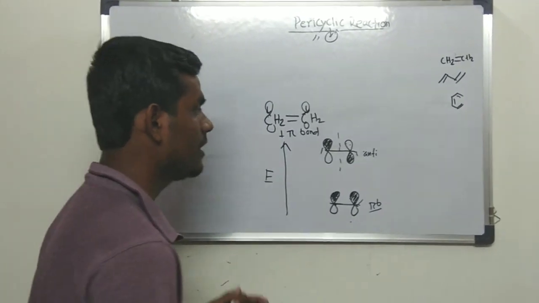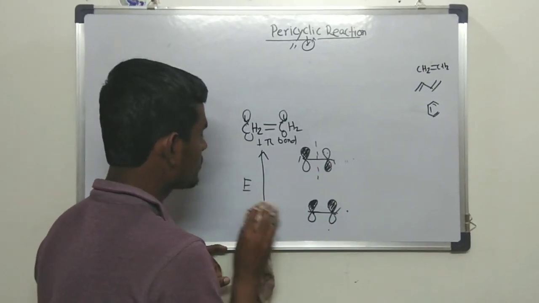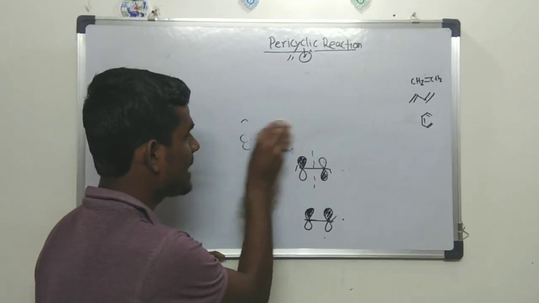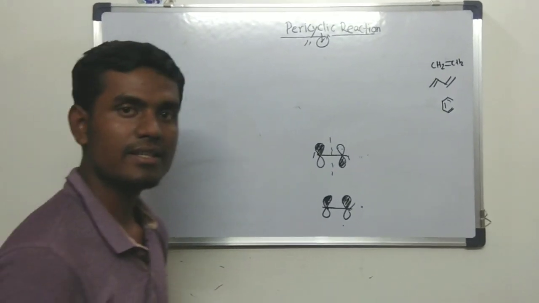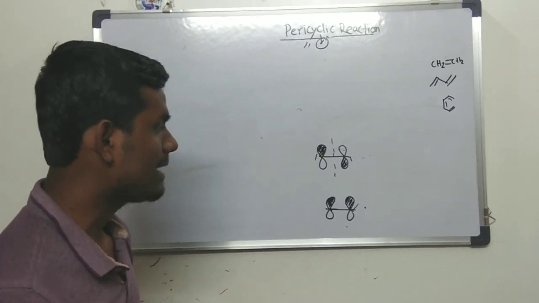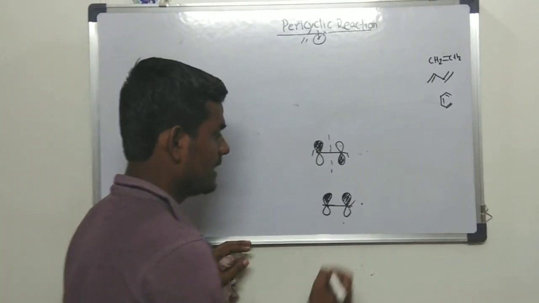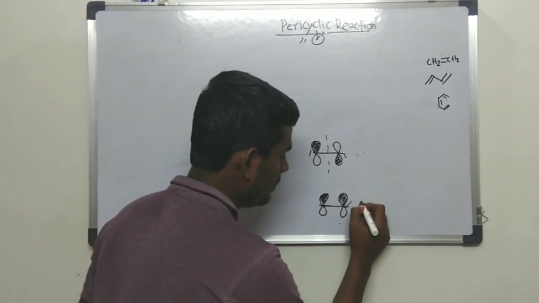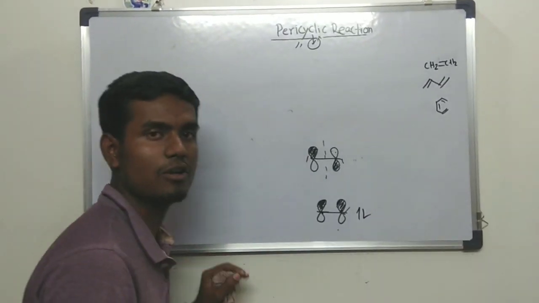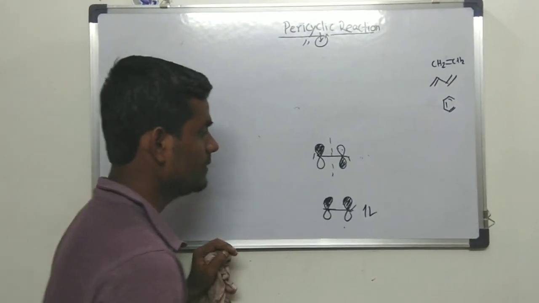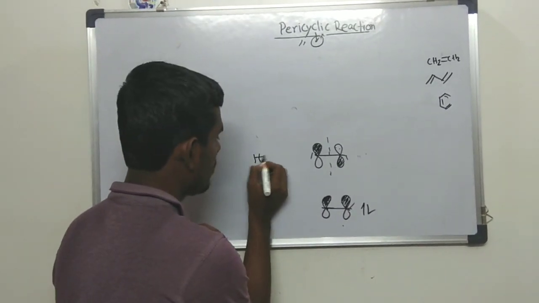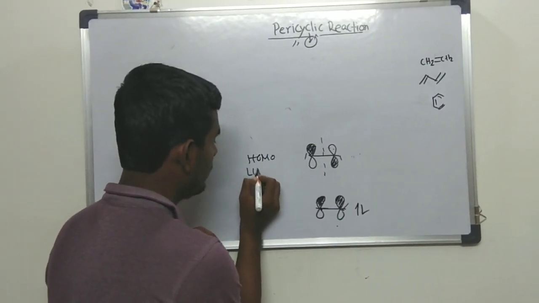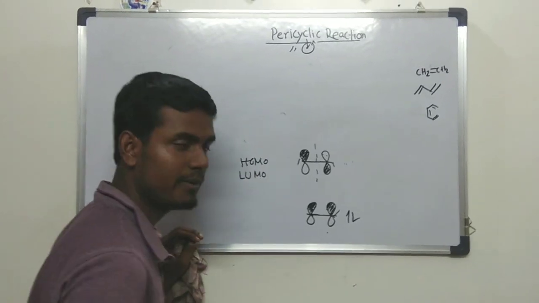The second point that you have to understand is HOMO and LUMO of a pi system. Basically, in ethylene there are 2 pi electrons, and you know Pauli's exclusion principle. These 2 electrons will occupy the lower energy molecular orbital. So there will be 2 terms: highest occupied molecular orbital and lowest unoccupied molecular orbital.